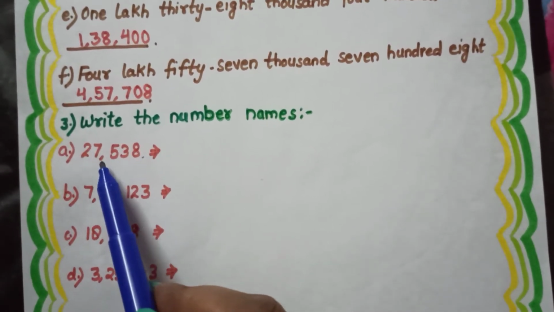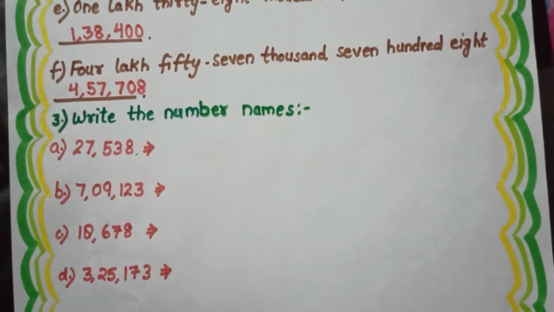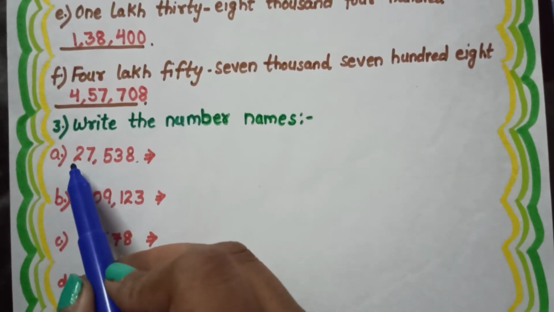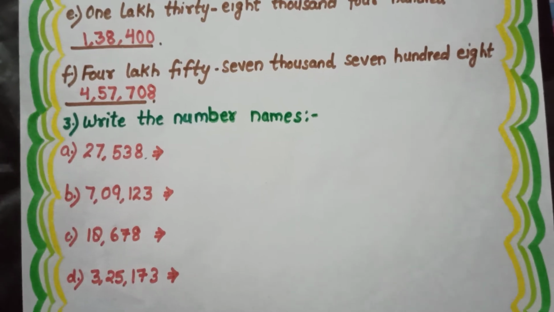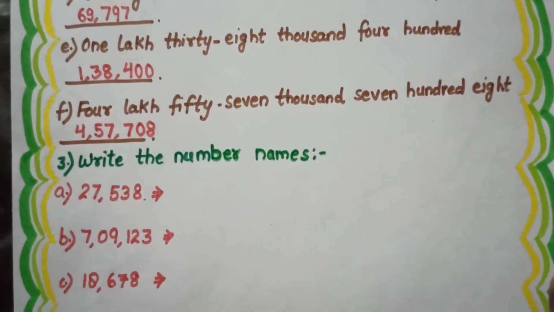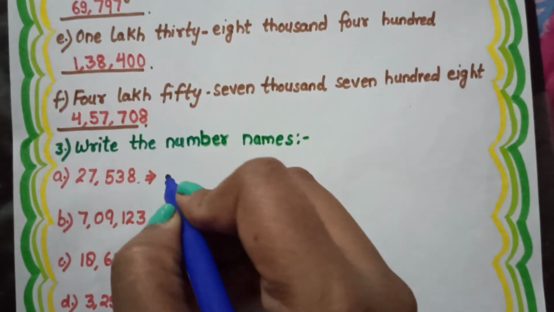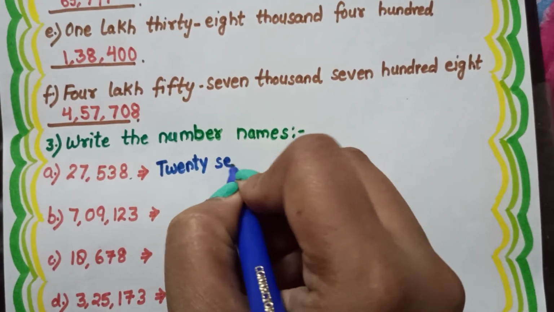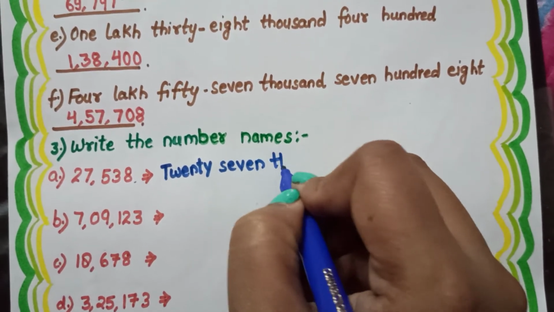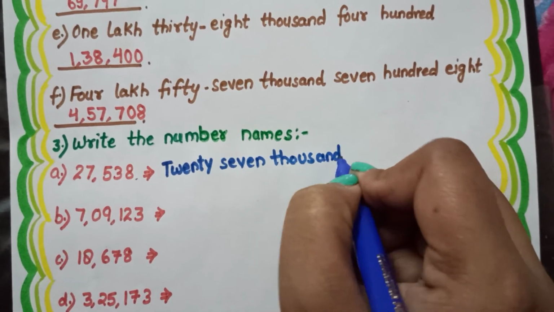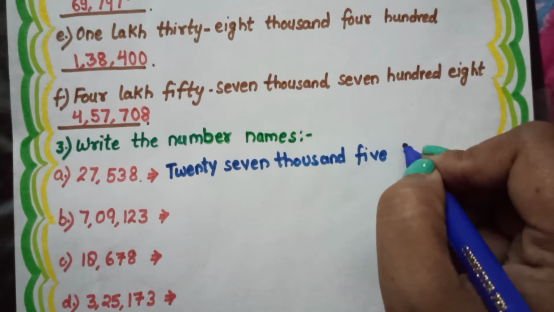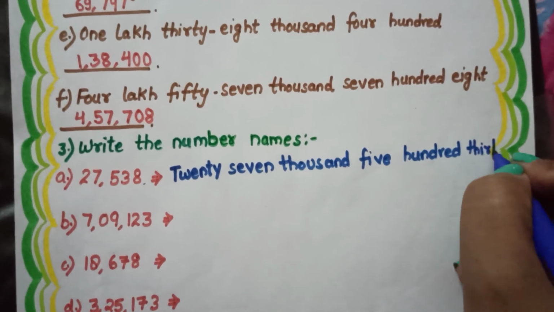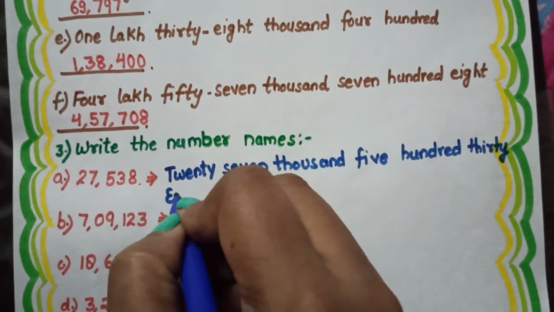It means 27,538, because 8 is in ones place, then tens, then hundreds, then thousands, then ten thousands. So 27,538. Let us write it down. Done.